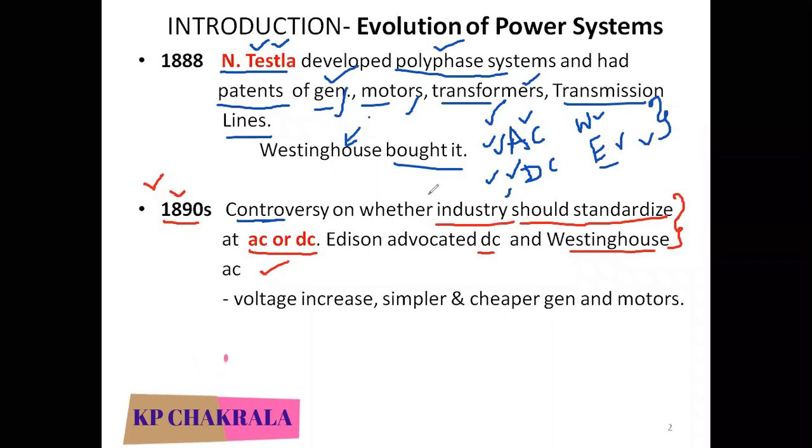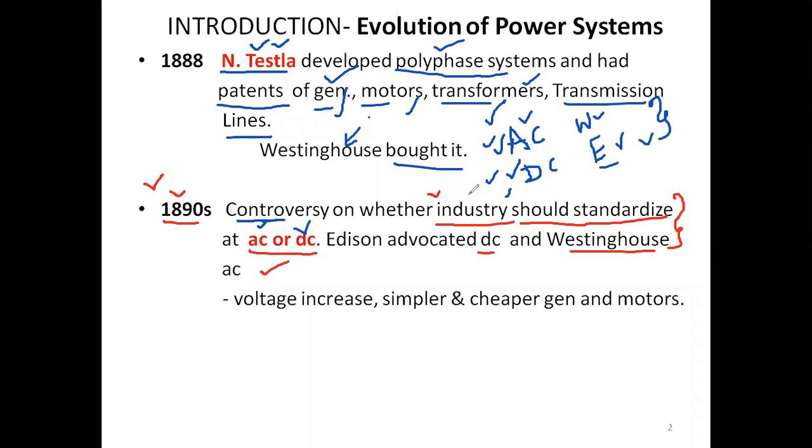To establish industries, we first have to fix AC or DC, and after that we can go for the establishment of the industry.